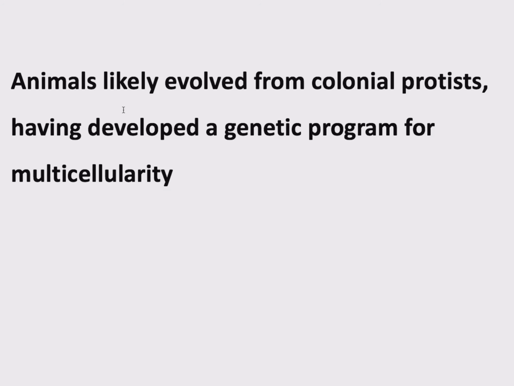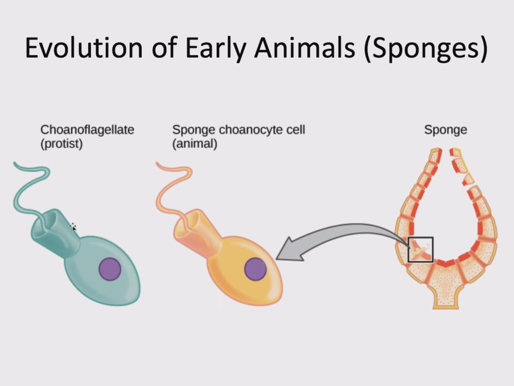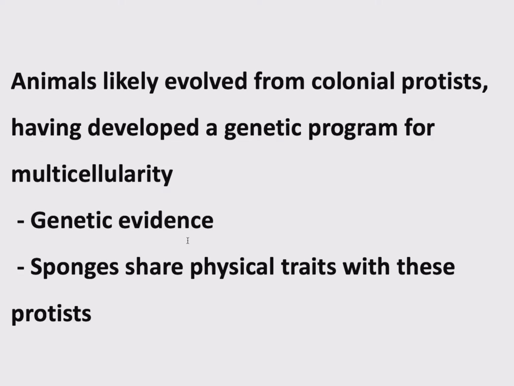Animals likely evolved from colonial protists, having developed a genetic program for multicellularity. So these protists were not multicellular. They just got together in a colony when there are enough of them around. Animals are all multicellular. They just have a genetic program to make them form a multicellular structure instead of just a colony.